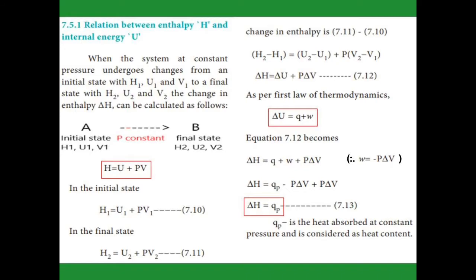So we put the pressure volume work here as W is equal to minus P into delta V. Put the value there, both are cancelled. Afterward we get delta H is equal to QP. What does QP mean? The pressure is constant here, and heat is absorbed by the system. So the delta H, the change in enthalpy, we get from the heat absorbed by the system at constant pressure.